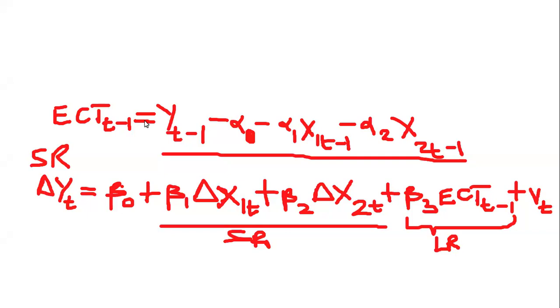So this is our error correction model. Maybe I need to restate, for the purposes of recording, the long run equation.